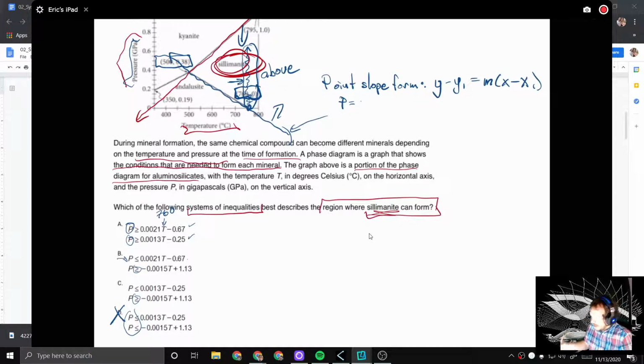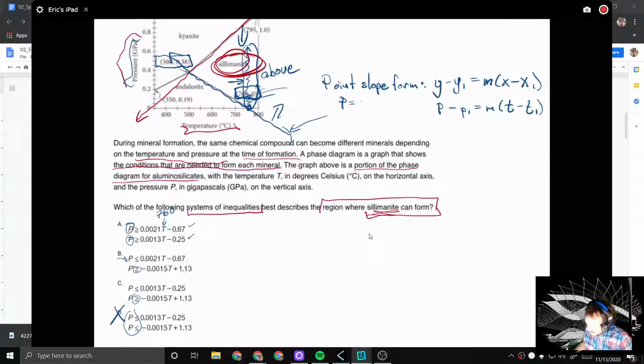There we go. And so there's point slope form of the line, and in terms of p's and t's, this would be p minus p1 equals m times, not x, t minus t1. And we can use that 760 to get us a long way on this problem.